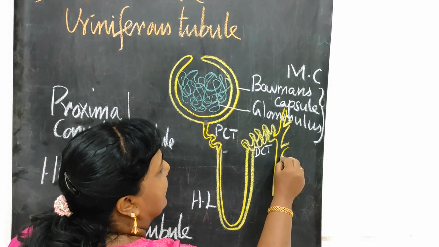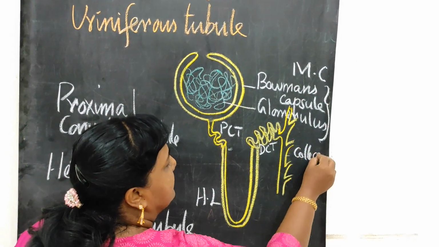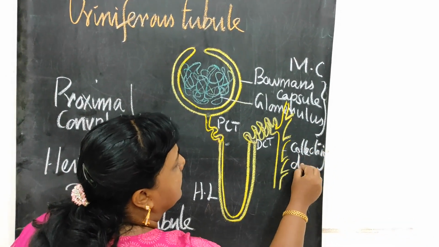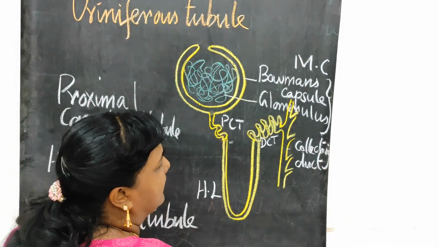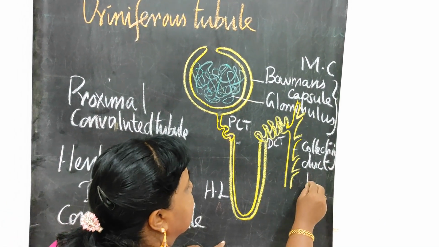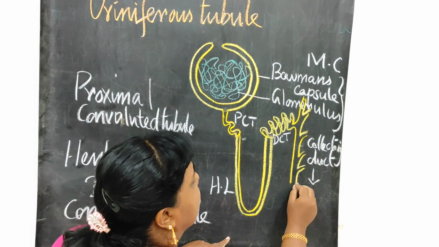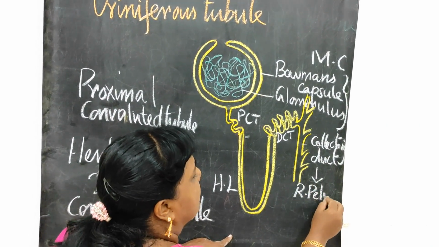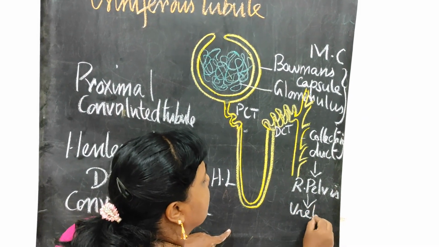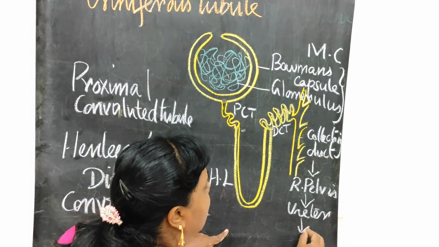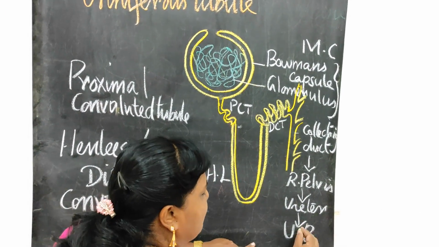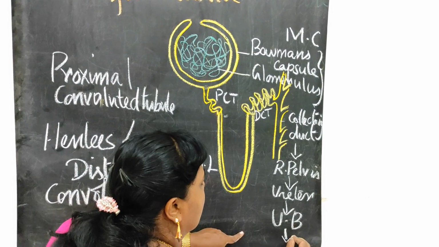So this is the collecting duct. And this collecting duct leads into the renal pelvis. This renal pelvis opens into the ureter. The ureter opens into the urinary bladder. When the urinary bladder is full, it is expelled out through the urethra.